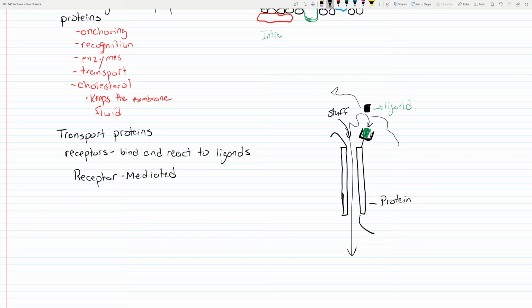Okay, going back to transport proteins, we have these things called carrier proteins. Their name is self-explanatory. What they do is transport solutes through the membrane.